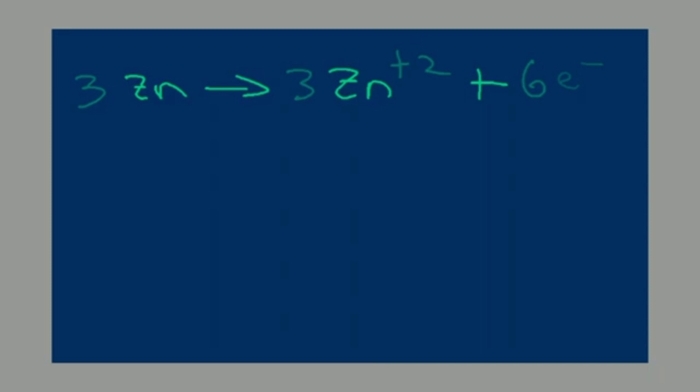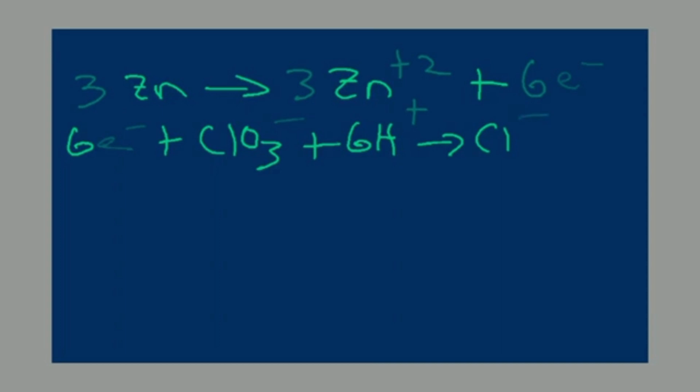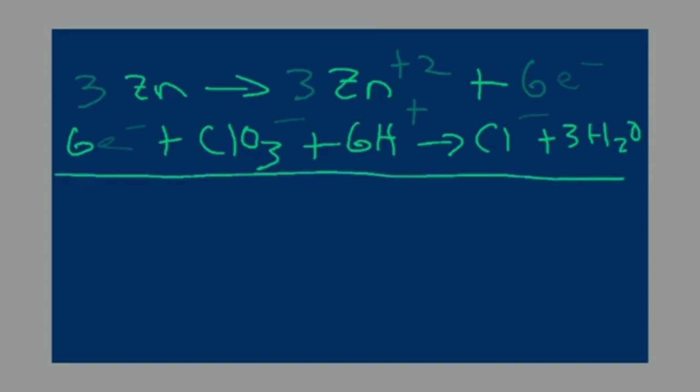So in the other half reaction, we had 6 electrons, a chlorate ion, 6 H+ ions, and on the right side, it was chloride and 3 water molecules. Now that we have the same electrons, we can add the two half reactions. When you add them, the electrons will cancel since they're on opposite sides of the reaction.